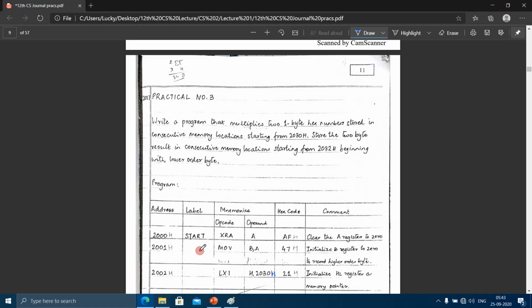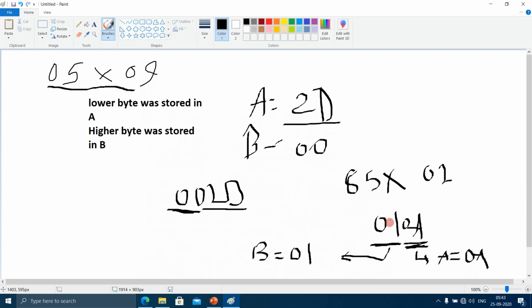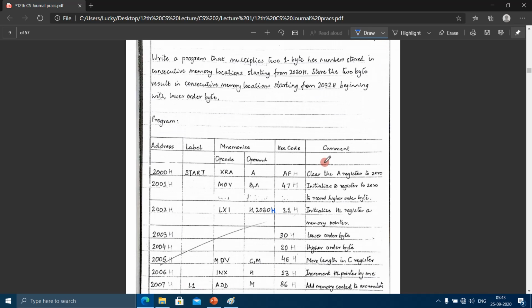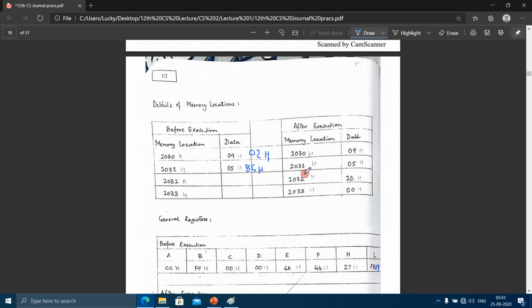But in the question it is mentioned that store the 2-byte result. The result which we got is of 2 byte. Store the 2-byte result in consecutive memory locations starting from 2032. So starting from 2032, beginning with lower order byte.